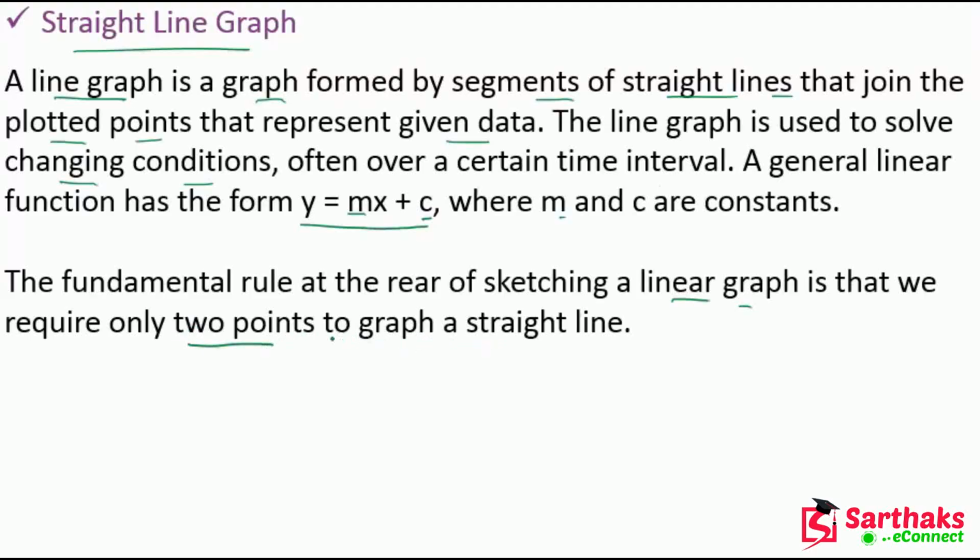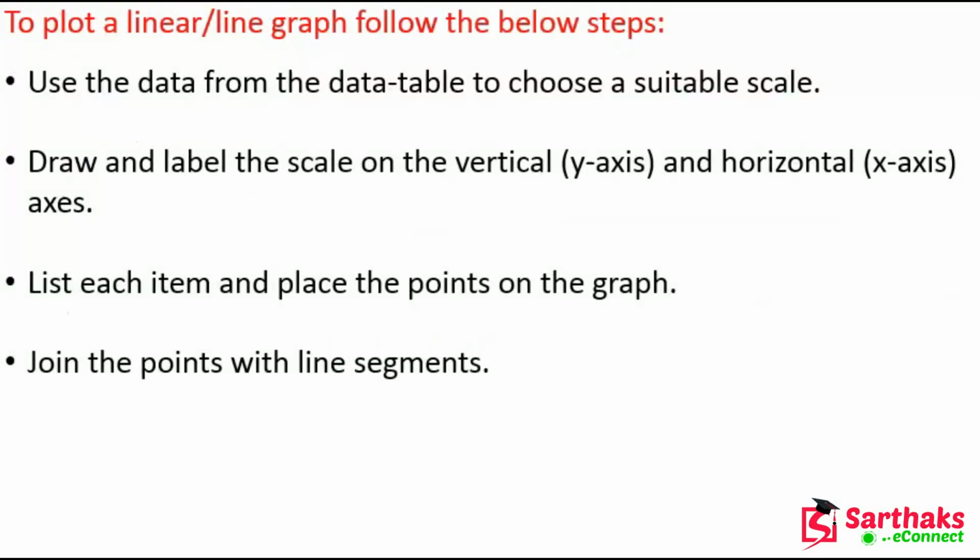Just only 2 points. So to plot a linear, or line graph, there are some steps. First of all, use the data from the data table to choose a suitable scale. Then draw and label the scale on the vertical, meaning y-axis, and horizontal, which is x-axis. Got it?